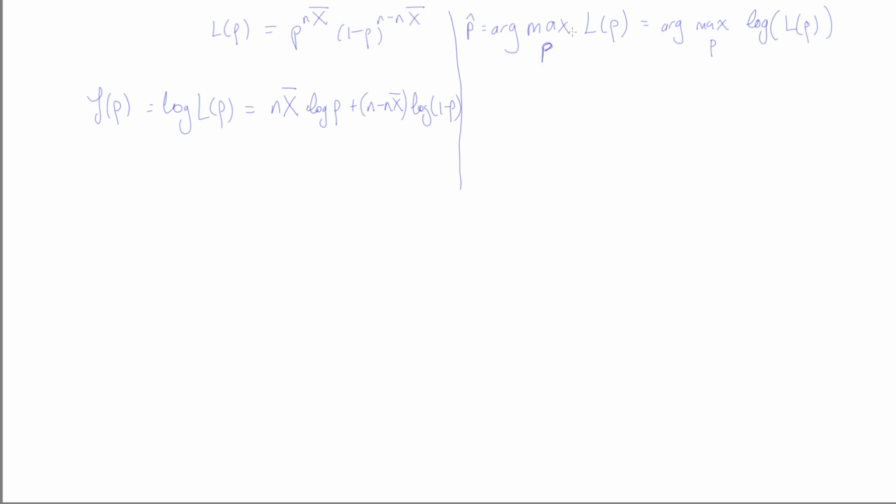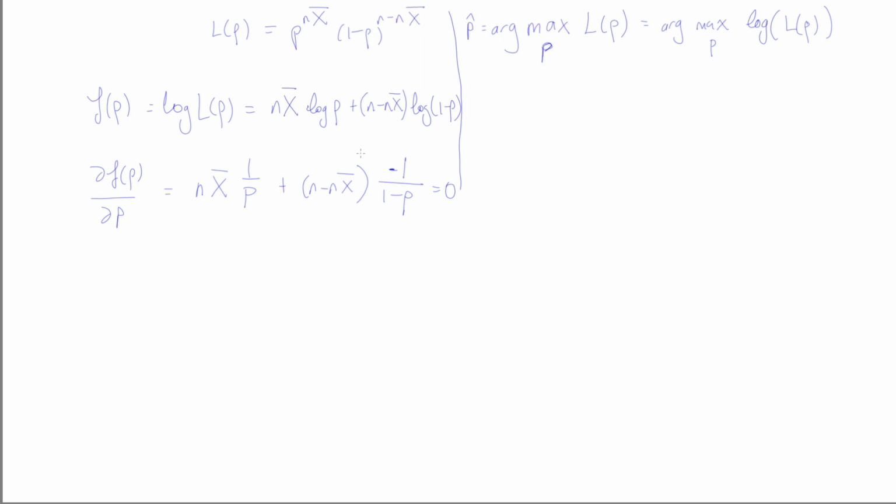All right, well, we want to find the maximum. How do we find the maximum? Well, we use calculus. We differentiate with respect to P. And okay, what is the derivative of log P? It's just 1 over P. So here we get n x bar times 1 over P. And from here we'll get n minus n x bar times negative 1 over 1 minus P. And then we make this equal to 0 because we want to maximize.